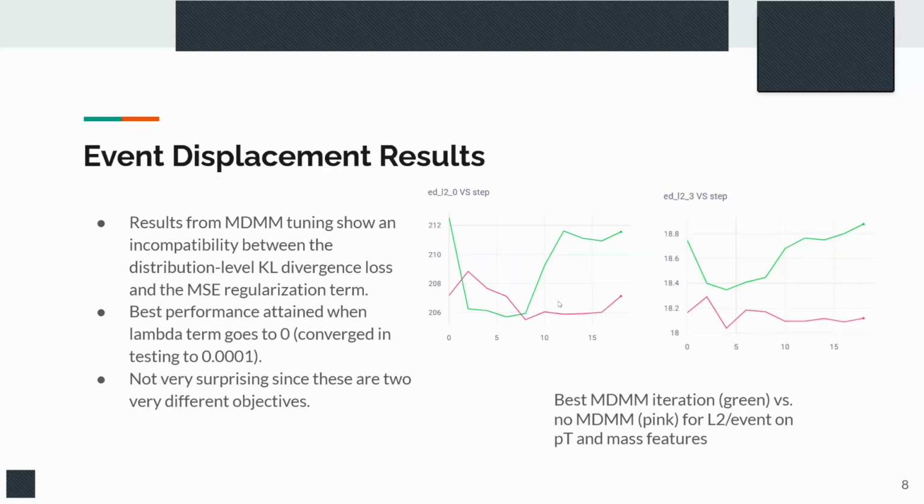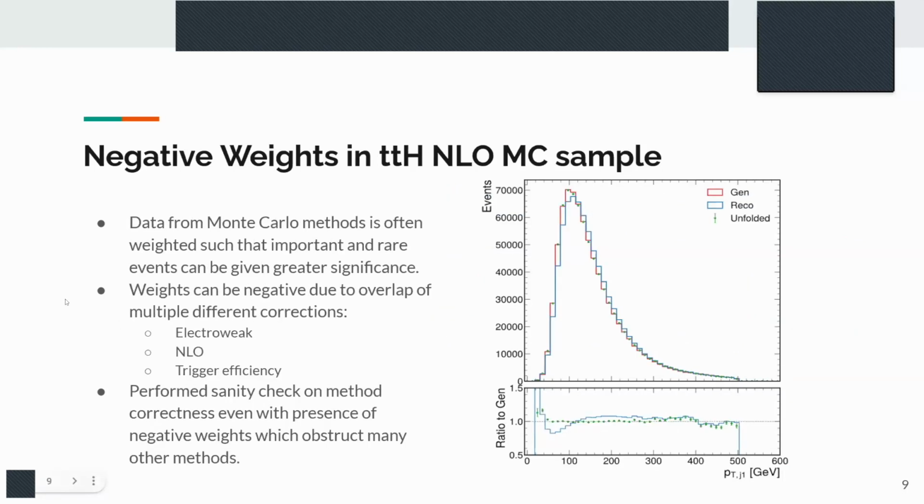And we can see that our green MDMM never really does better than our best baseline. This is not very surprising since they're two completely different objectives. One's a distribution level loss and one is a per sample loss.